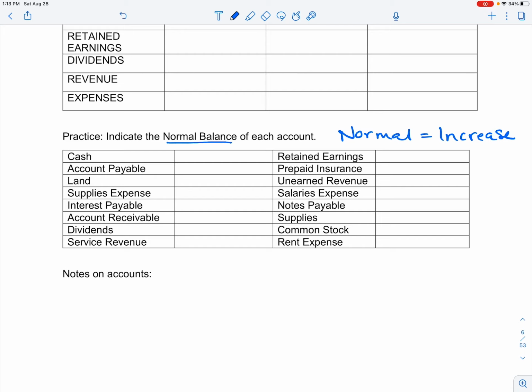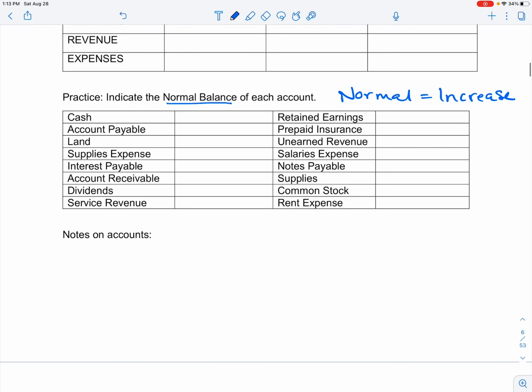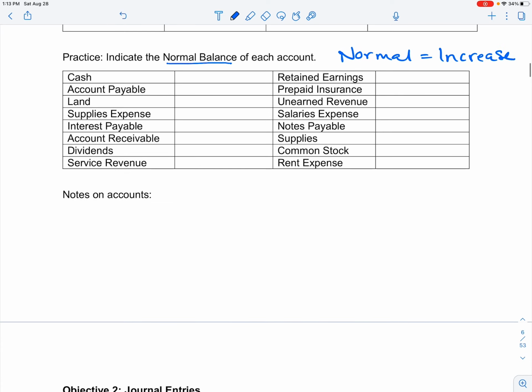Once you know what increases and decreases these accounts with debits and credits, we can get into journal entries. I left some space here for you to take notes on what makes sense for you, because everyone looks at this a different way. Some people like to say, here's my T account, debits are on the left, credits are on the right.